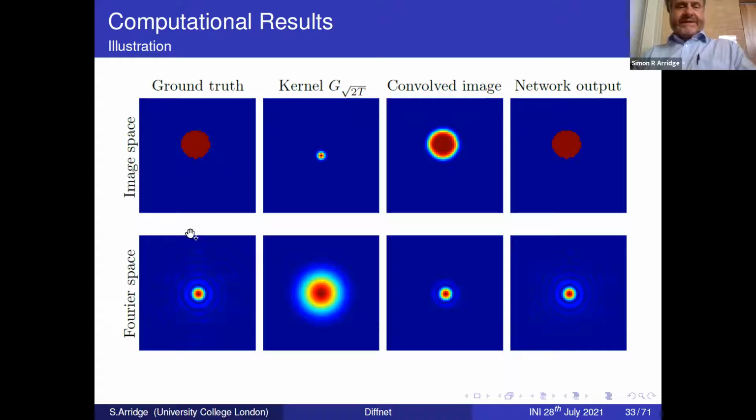In Fourier space, the Fourier transform of the Gaussian kernel is also Gaussian with the reciprocal of the variance. Taking the product of those two, we get the convolved image. And the network output is correctly learning this process.